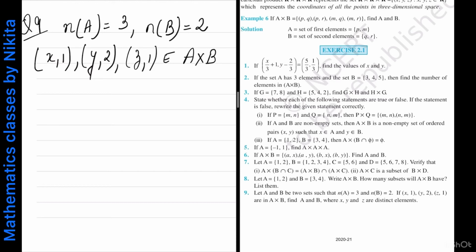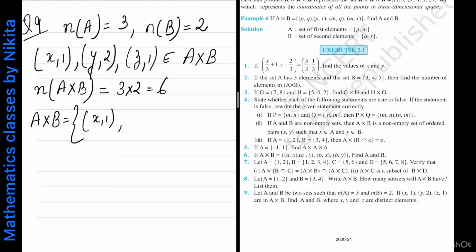A cross B के अंदर first of all कितने elements होंगे? n of A cross B will be 3 into 2 which is 6. So A cross B will have 6 elements and 3 of them are given to you. (x, 1) given है, (y, 2) given है और (z, 1) given है और 3 elements और होंगे. Now you have to find the set A and B.